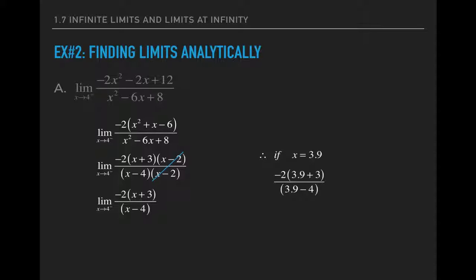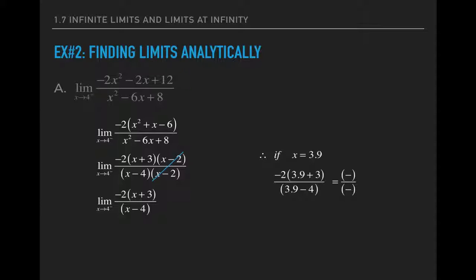If you see that denominator x minus 4, that means that there's going to be a vertical asymptote at 4. But coming from the left, are we going to infinity or are we going to negative infinity?